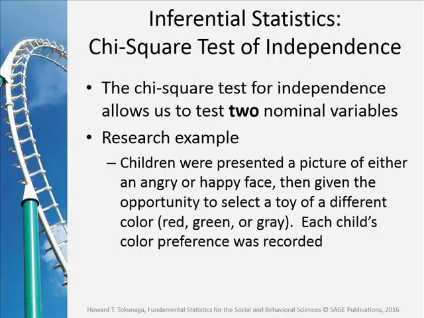So I come up to Chase and I'm like, bam! And then I take the face away and I say, go pick out a toy. You have 3 toys to choose from, red, green, or gray. Am I sort of priming your toy selection by presenting you with a happy face or an angry face?